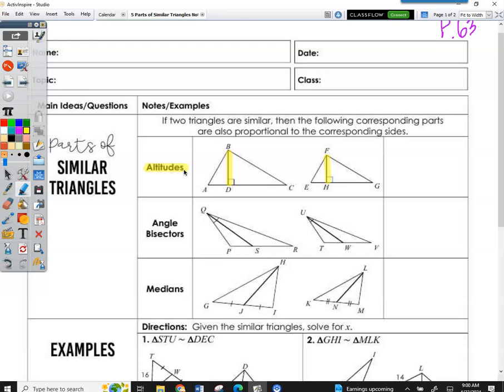So these are altitudes. They're dropping perpendicular to the bottom. When you have a triangle that has an altitude, because it's perpendicular to the bottom, it is cutting that really big triangle into two similar triangles every time.